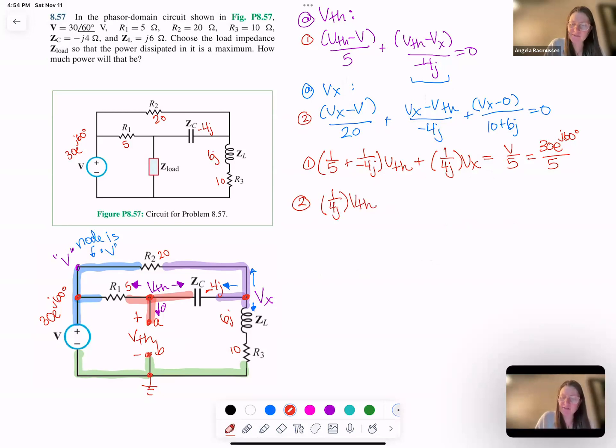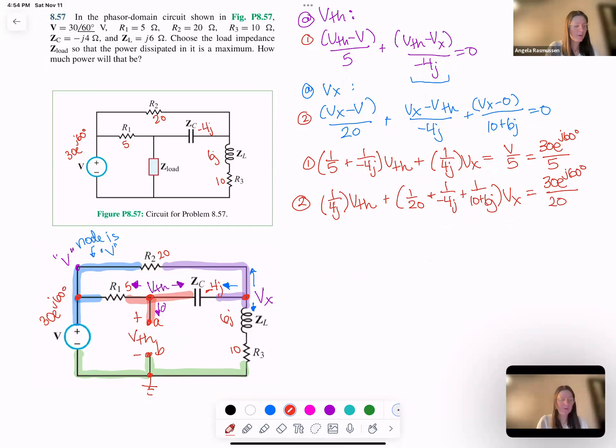Vx is the next variable, so that gives me 1 over 20, plus 1 over minus 4j, and then 1 over 10 plus 6j, Vx. And then the V over 20 goes over to the other side, and again, V is 30 e^(j60 degrees). So now I want to write this into matrix form.